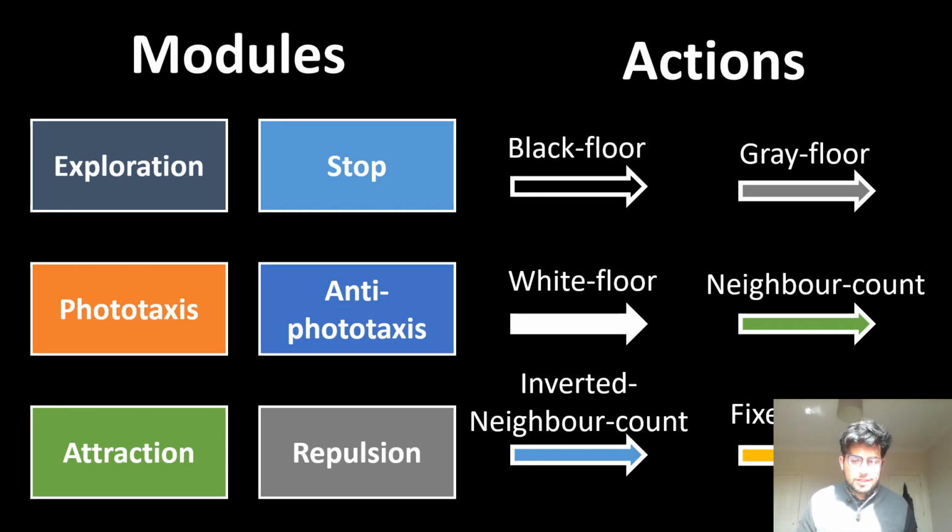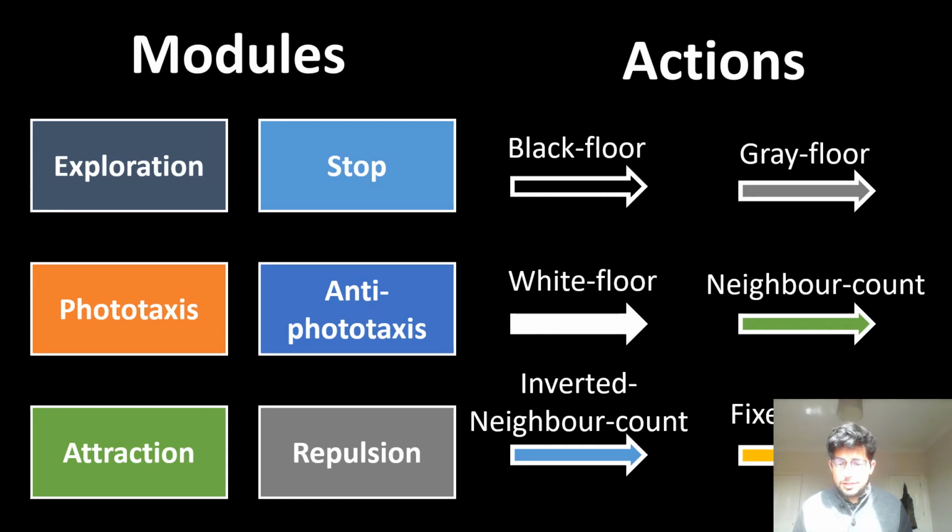We need a stop behavior, which represents that the robot needs to stop at the black spot, because remember, we want to aggregate many robots in single black spots. You could have phototaxis, for example, where robots feel attracted to other robots or to a beacon. Anti-phototaxis is when you feel repelled by the other robots or a beacon. You can have attraction and you can have repulsion, which work very similarly.